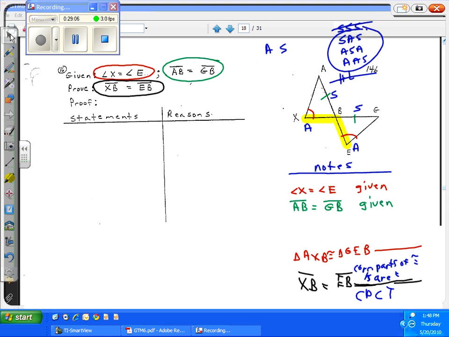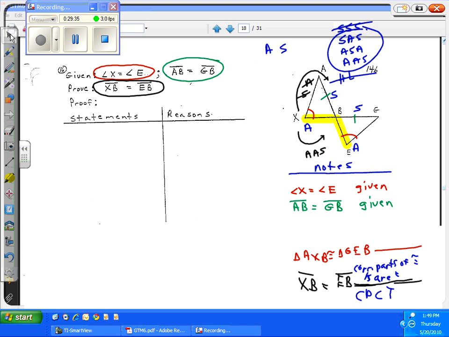If I tried to go this way, I could turn it into an angle side if I knew that angle. If I knew that side, it would be an angle side, which we don't prove it by. If I went this way, I could get an angle side.